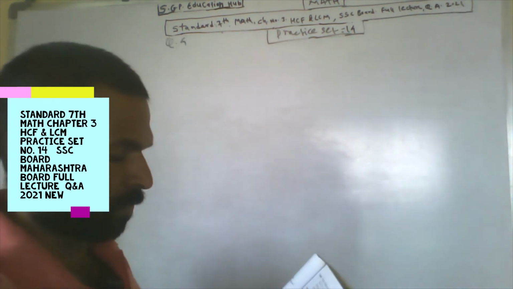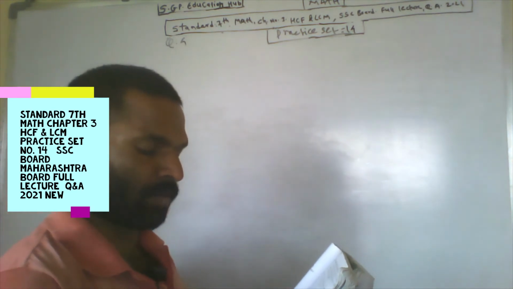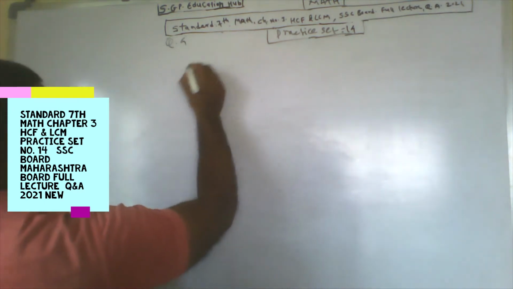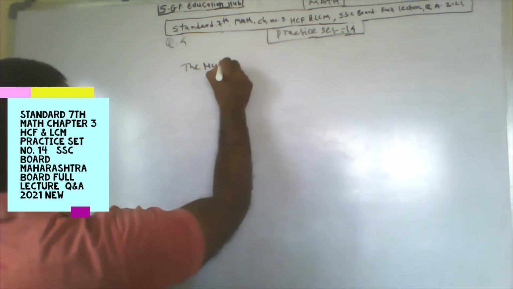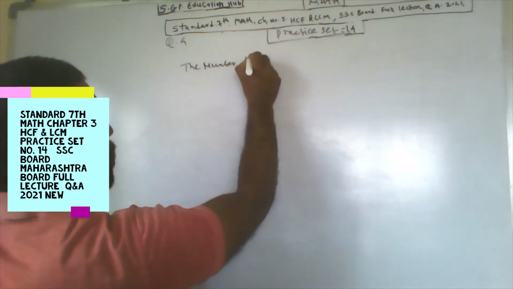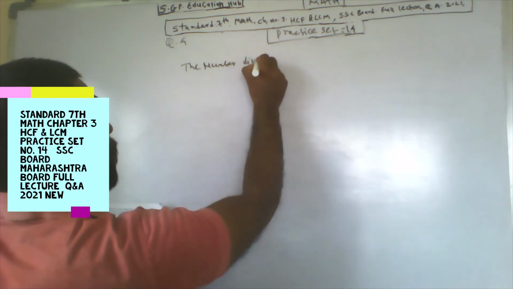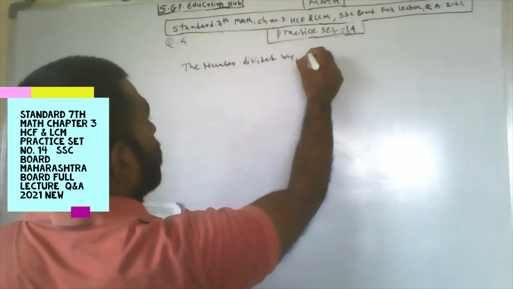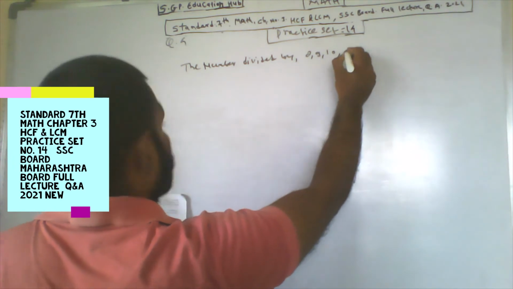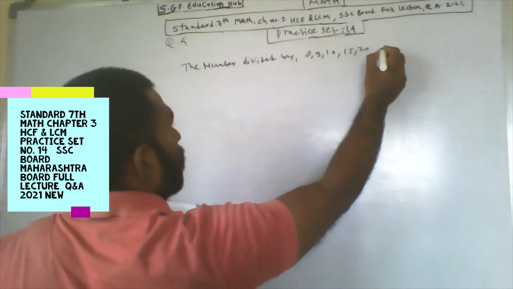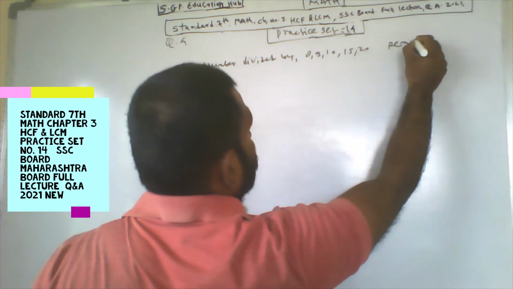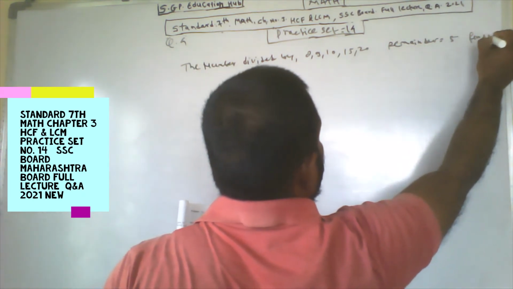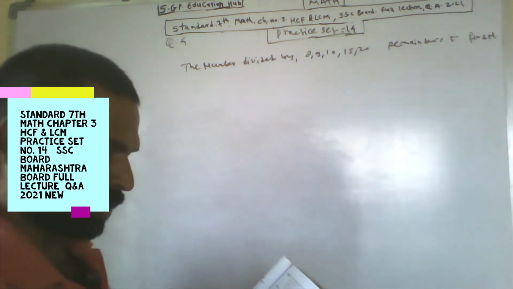Find the smallest number which when divided by 8, 9, 10, 15 and 20 gives the remainder 5 every time. Find that smallest number.